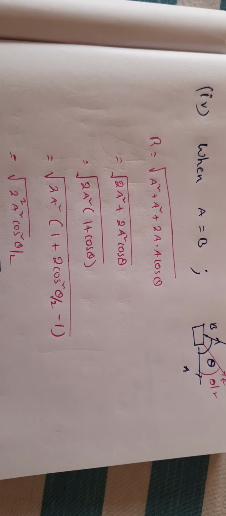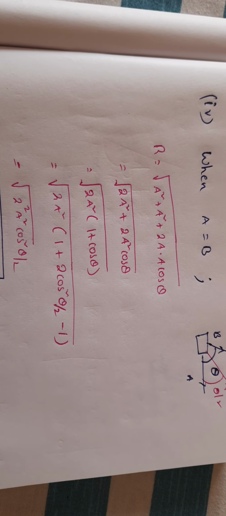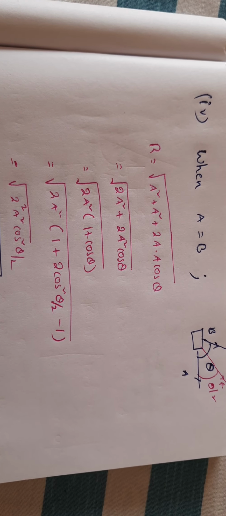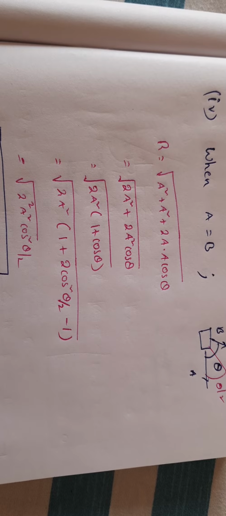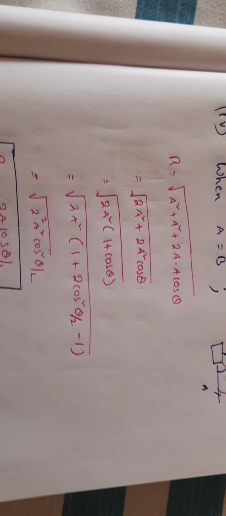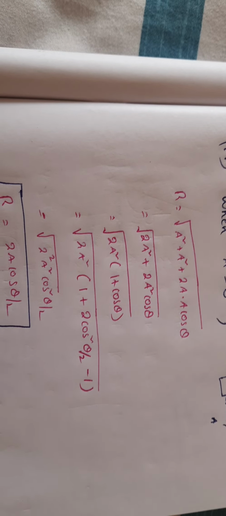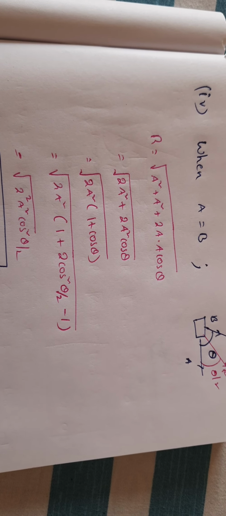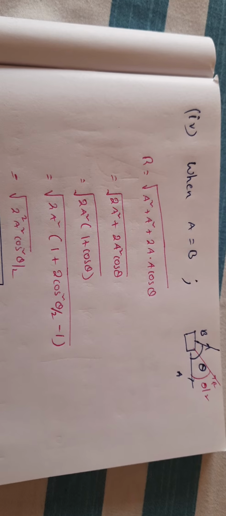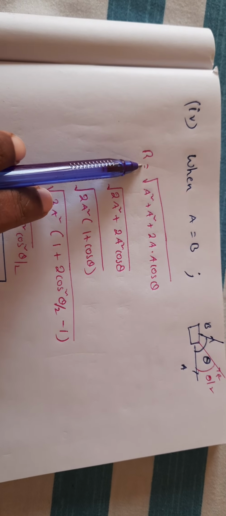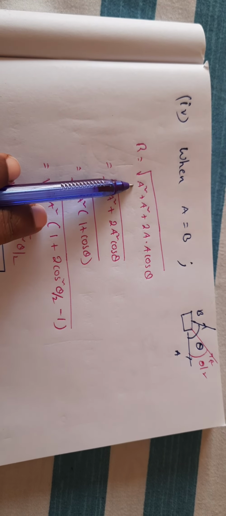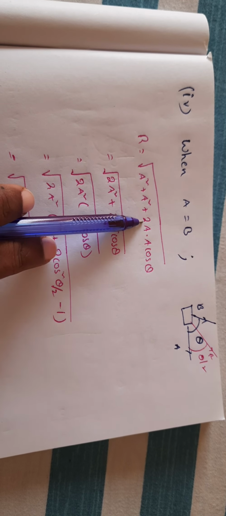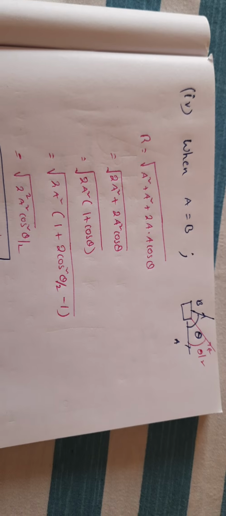So now when A is equal to B, just now we said the angle between the two vectors will be bisected by the resultant, or rather the resultant exactly acts midway between the two given vectors, right? So this is what we are going to prove. Now use all your trigonometric principles. So R is equal to, since A is equal to B, I am taking A square plus A square in place of B square, plus 2AB cos theta.